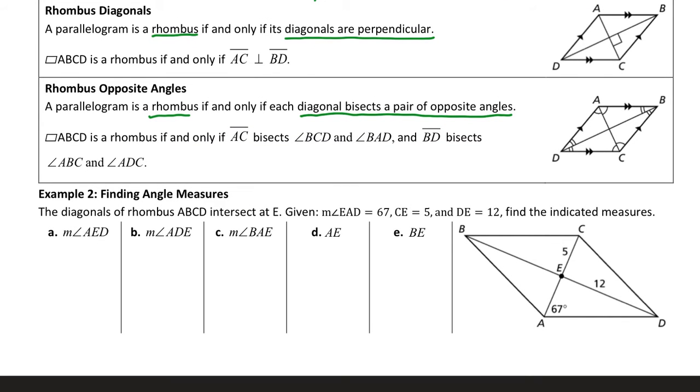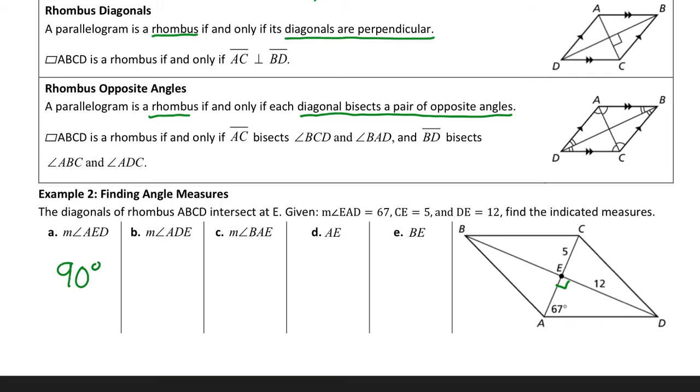So we have to remember some important features of a rhombus. In this one, the measure of angle AED is 90 degrees because diagonals are perpendicular in a rhombus.